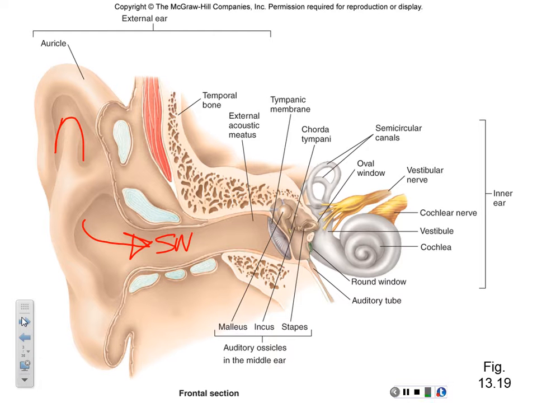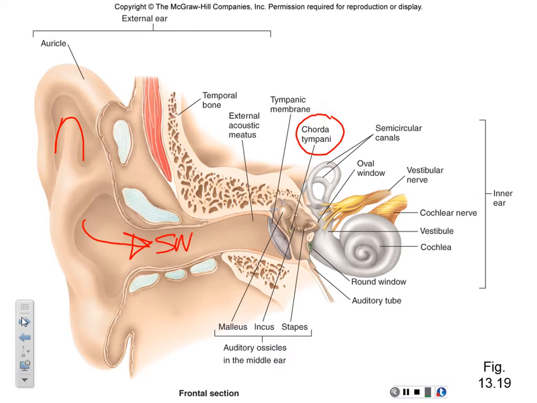Then it will hit the ossicles, starting with the malleus, which is this one right here, and then also the incus and the stapes. The stapes looks like a stirrup on a horse, the part where you put your feet in, okay? And it vibrates against the oval window.